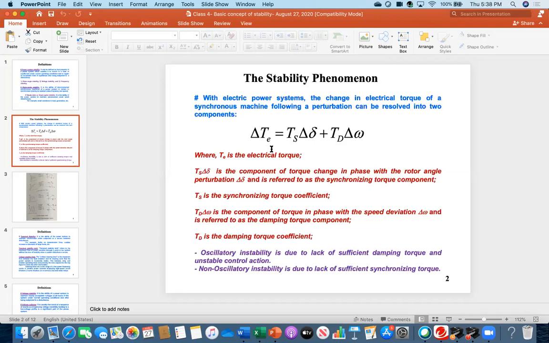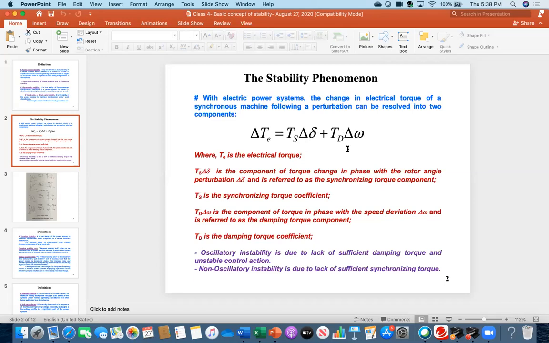So once there is any change in electrical torque due to any disturbance, it can be decomposed into two components. The first is the component of torque change which is in phase with the rotor angle, and that is called the synchronizing torque component.